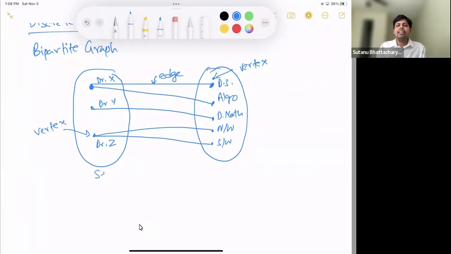A set is nothing but a collection. This is a set of faculty members, and this is a set of courses. You can divide vertices into two sets such that for each edge, one endpoint lies in the set of faculty, and the other endpoint lies in the set of courses. So this is a bipartite graph.